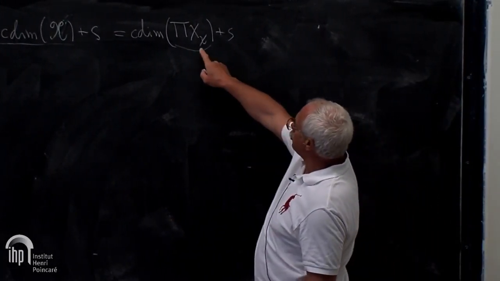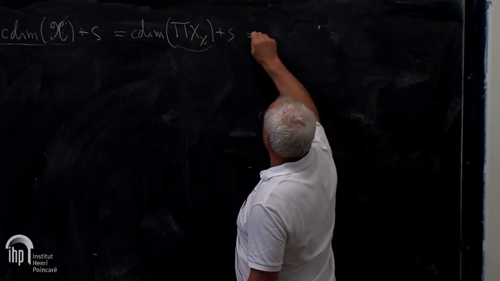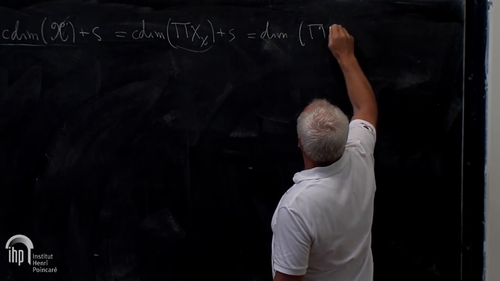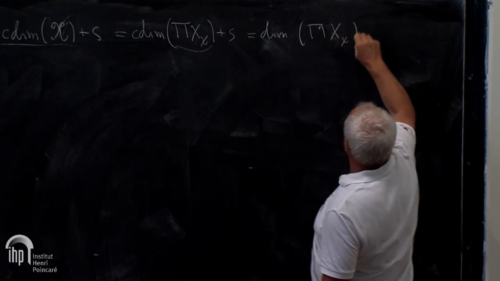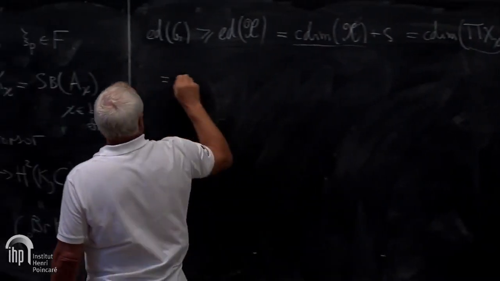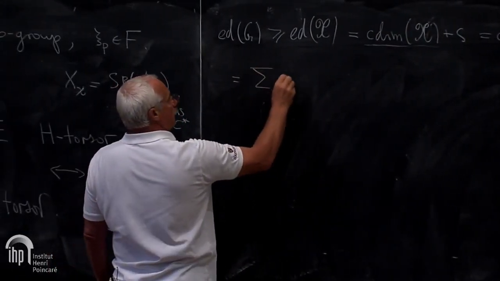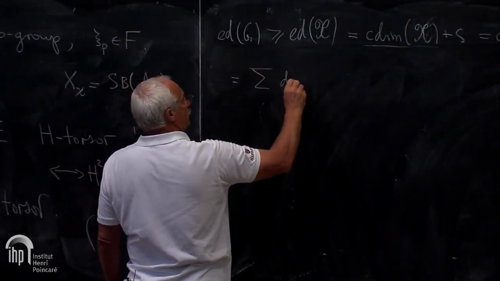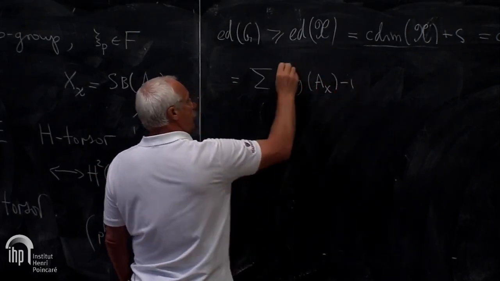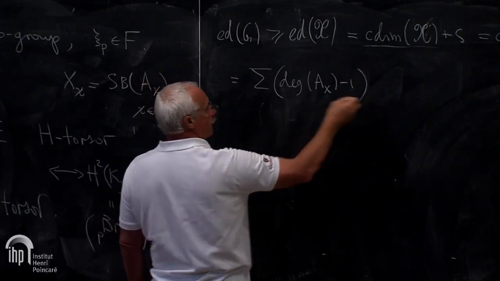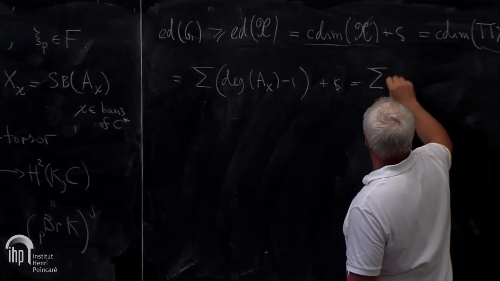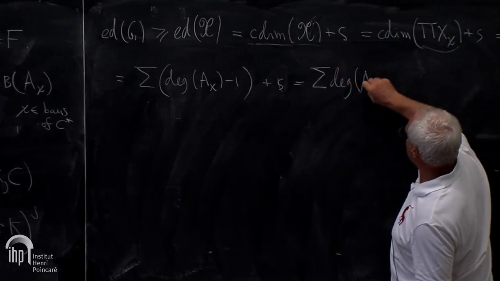So for a certain choice of bases, it's equal to the dimension of the product of those Severi-Brauer varieties plus s. Well, dimensions are degree of the algebra minus 1, dimension of the Severi-Brauer variety plus 1, plus s. So just the sum of the degrees of the corresponding algebras.